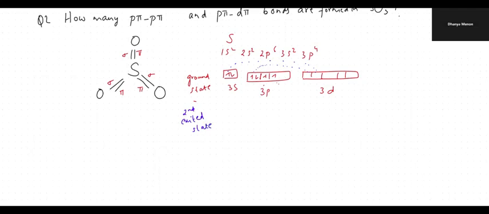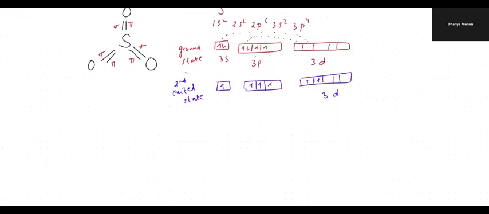So that's why second excited state. So in the 3s, I have 1 electron now. In 3p, I have 3 unpaired electrons. And in 3d, I have 2 unpaired electrons. So has it achieved the valency? Yes. 1, 2, 3, 4, 5, 6. There are 6 unpaired electrons. Right.